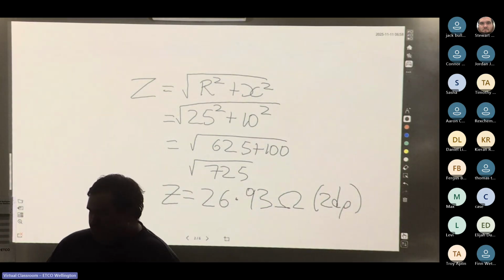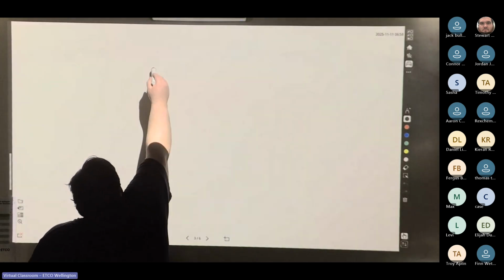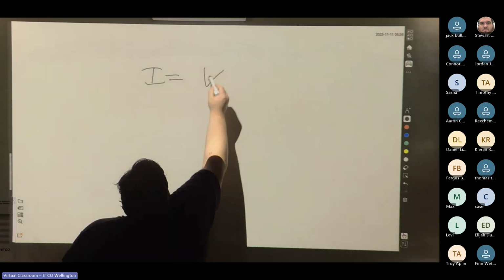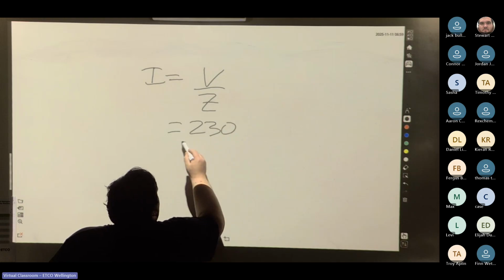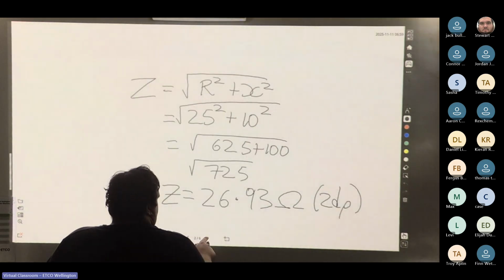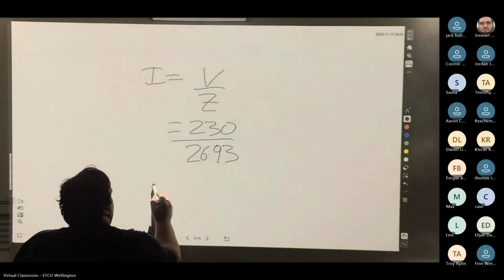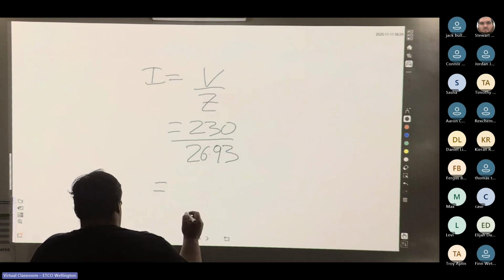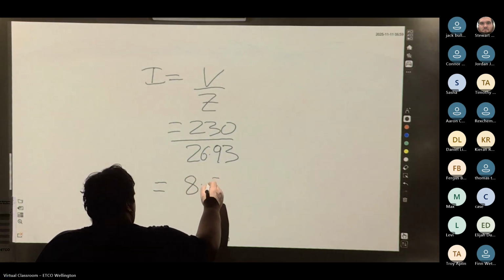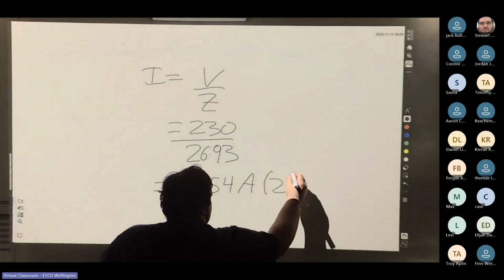So that's our impedance. Then we move on to current. I equals V divided by Z, which in this case is 230 divided by 26.93, which gives us 8.54 amps to 2 decimal places.